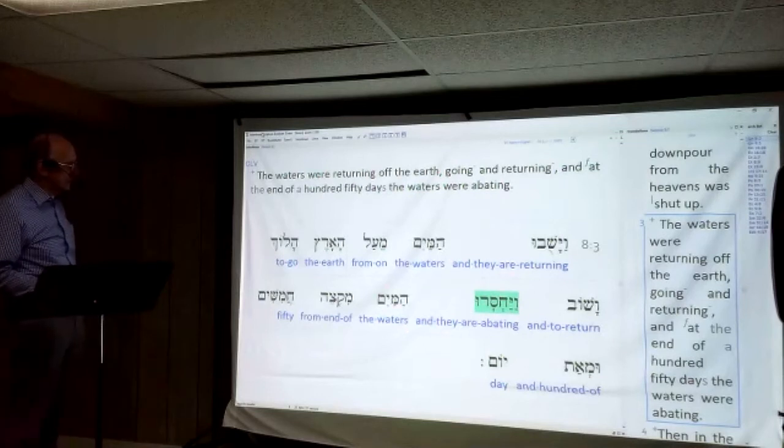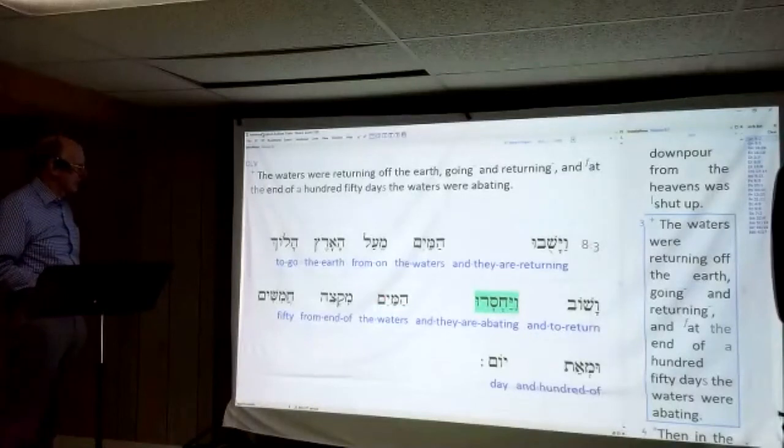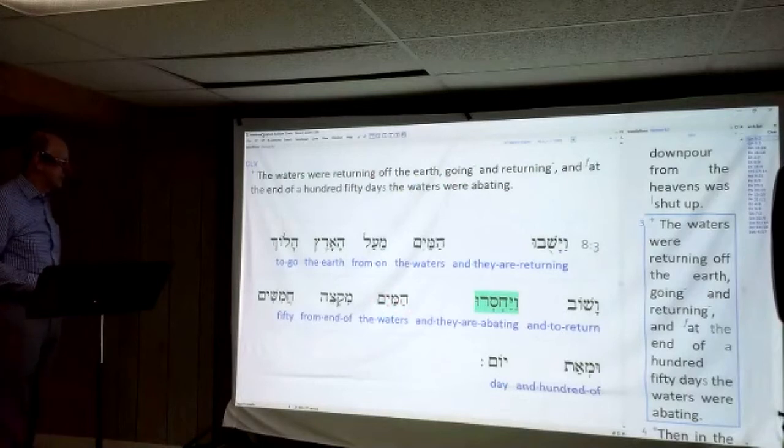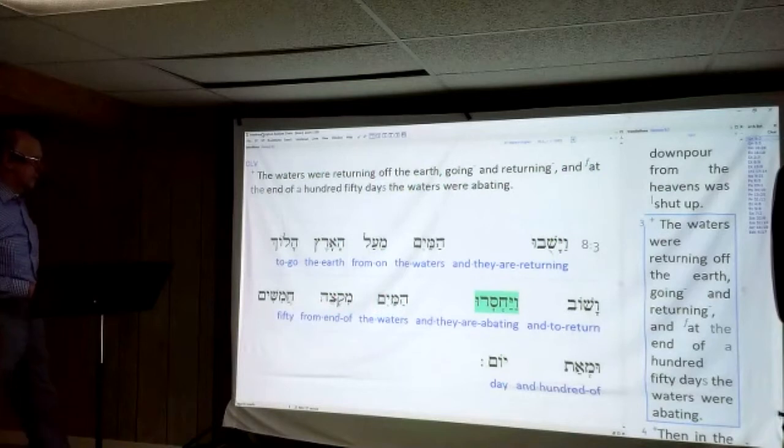So then what's this one? That's waters again. Hamayim. Migtzeh. Migtzeh, okay, and then what's this one? Way too many dots underneath there.